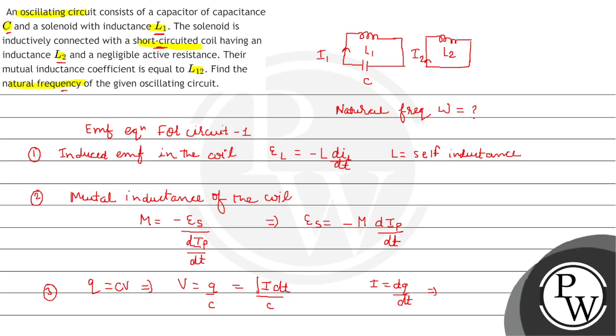So from here we can write dQ is equal to I dt, and on integrating this we will get Q is equal to the integration of I dt. Now let's suppose this is our equation 1, this is our equation 2, and this is our equation 3, and we will use all these three equations to further solve this question.